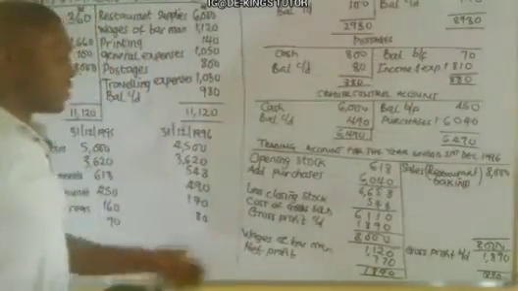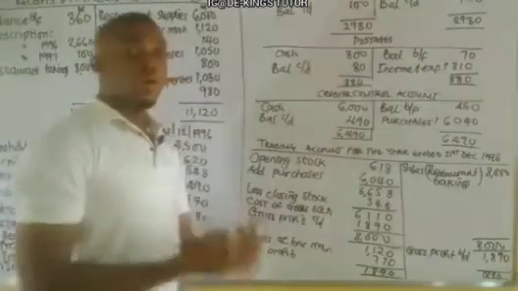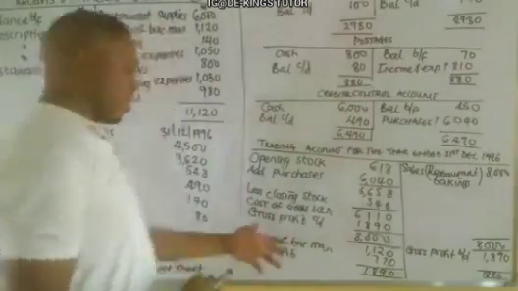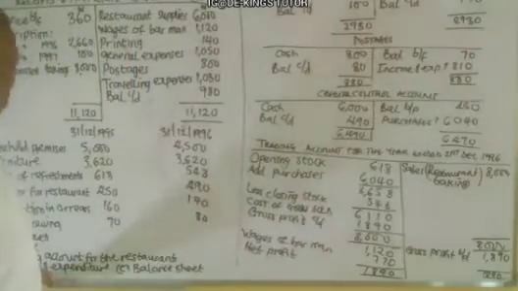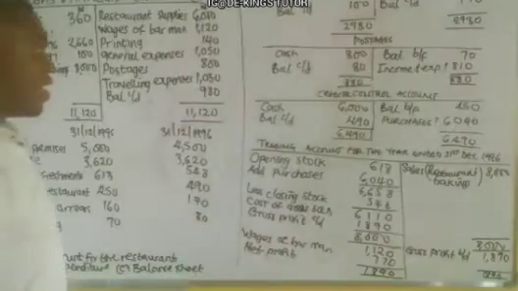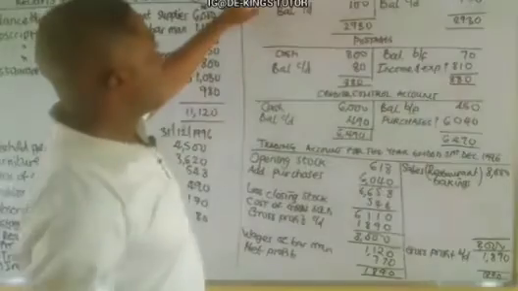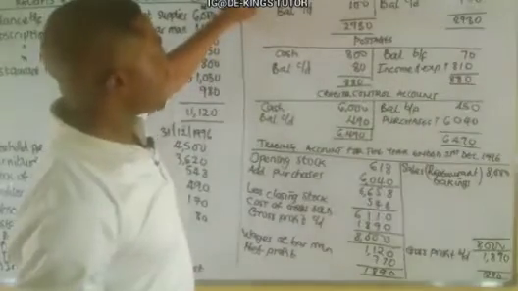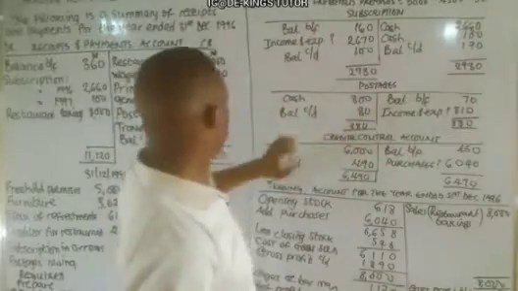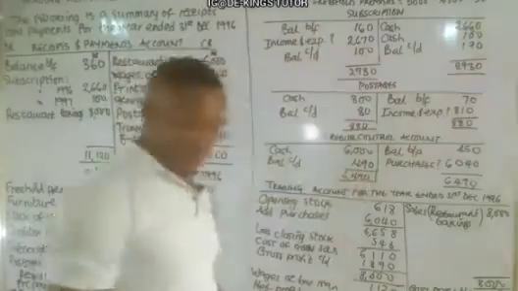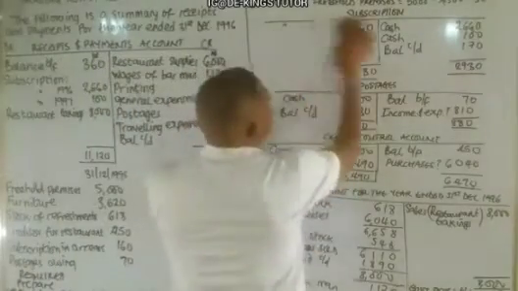So that's a trading account, the same way we prepare our trading and profit and loss account for a profit venture. So that is 770. So the next one is to prepare the income and expenditure account. Remember this for subscription. Okay? Because we are going to clean it now and prepare that.